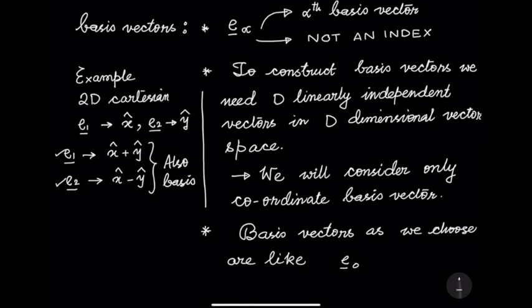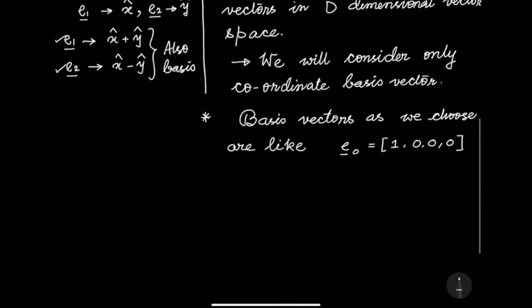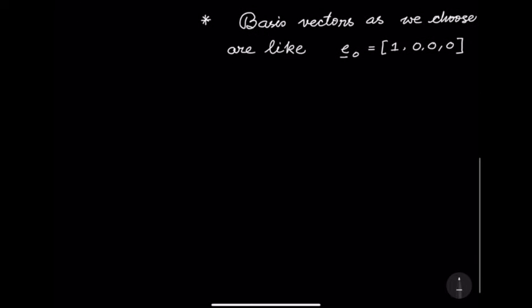Say E0 has four components, because we are dealing with four dimensions here, and the four components are 1, 0, 0, 0. These are special basis vectors.